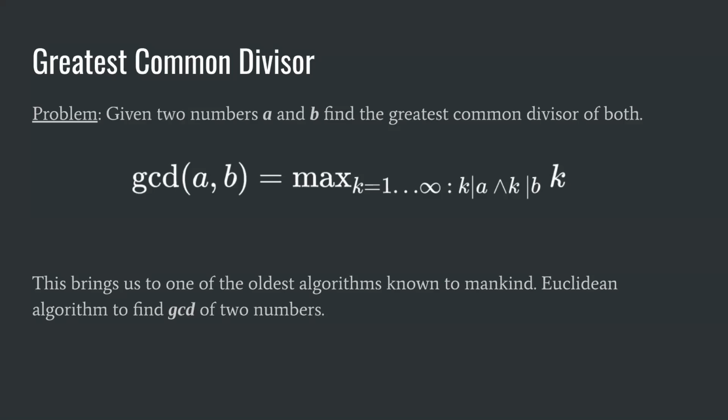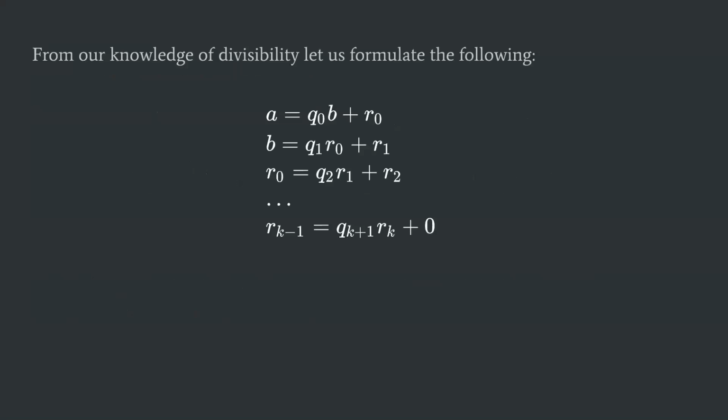The algorithm that we use is called the Euclidean algorithm, and it was devised by Euclid. It's pretty basic, but once you get a hang of it, you understand the ingenuity behind the algorithm. Yeah. Next slide. So suppose we have two numbers, A and B.